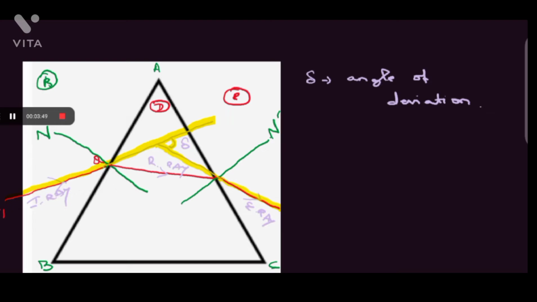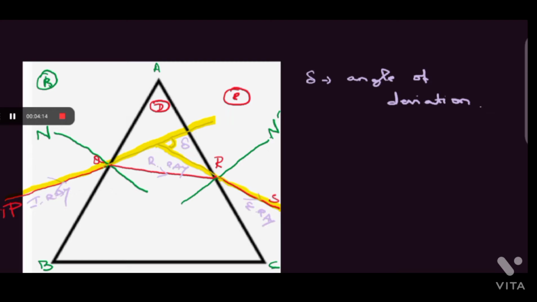Let me mark all the angles for our consideration now. So this is P, PQ is the incident ray, Q, and this point we call R, and this as S. So PQRS is the light ray that is passing through the prism. N is a normal and N dash is a normal that is drawn on AB and AC respectively.